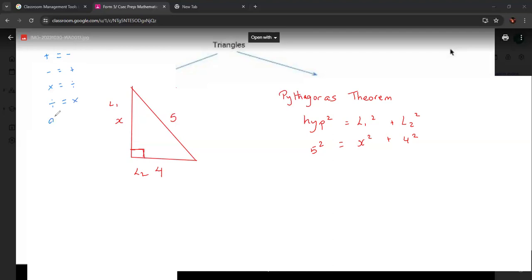If I square something, the opposite is square root. If I have sine, the opposite of sine is sine inverse. Cosine, the opposite of cosine is cos inverse. Tan, opposite of tan, that is tan inverse. So once I cross the equal sign, I perform the opposite operation.